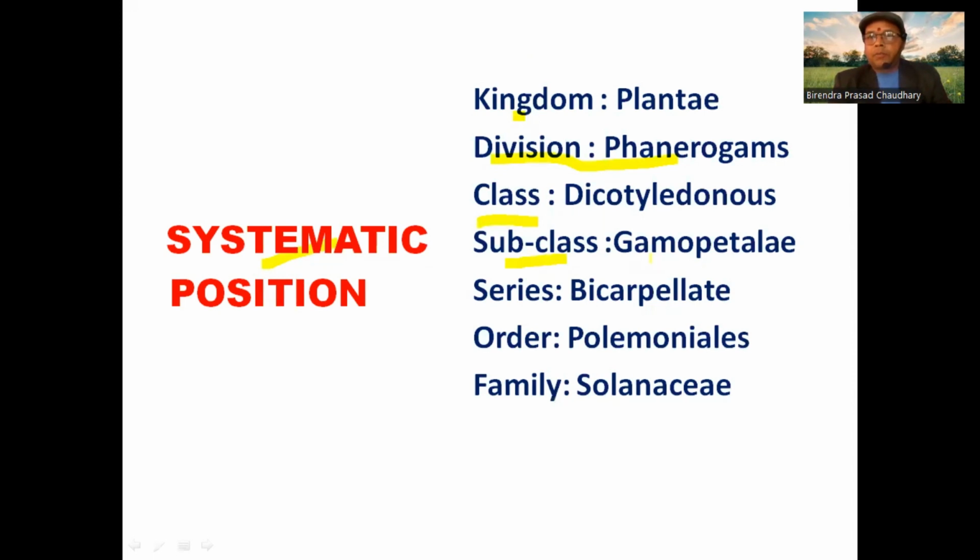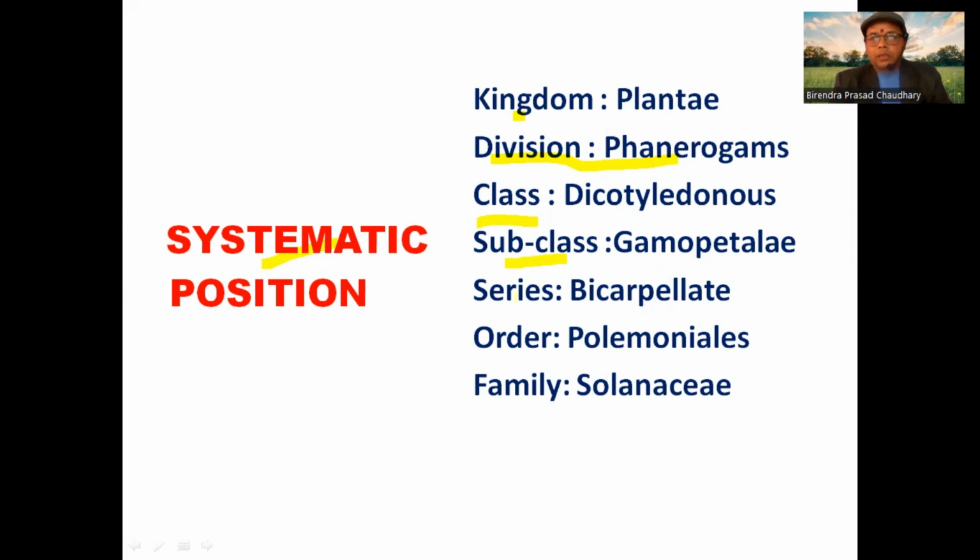In the family Brassicaceae, we read the subclass Polypetalae. Polypetalae means the petals are separated from each other, and Gamopetalae means the petals are connected to each other. So the subclass is Gamopetalae.